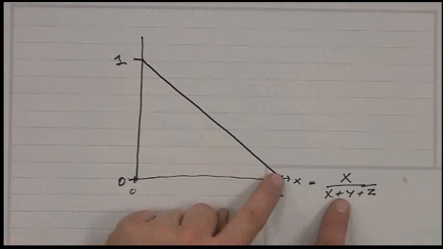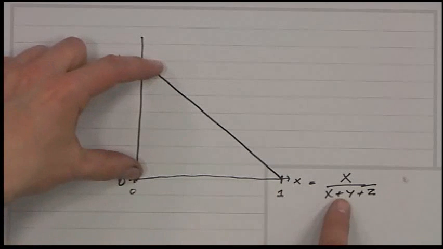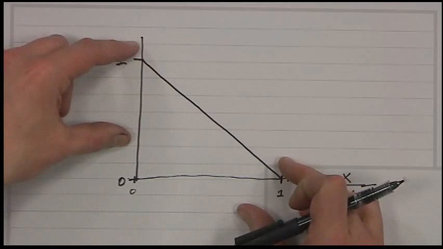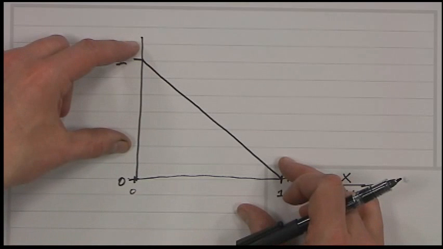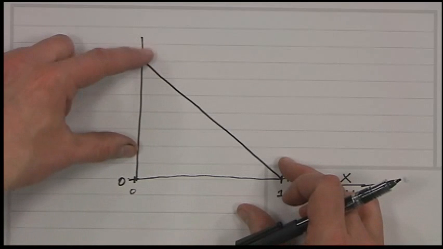And that's what this line is, right? So we only have to worry about the chromaticities in this triangle. All the chromaticities must fall inside of this triangle.